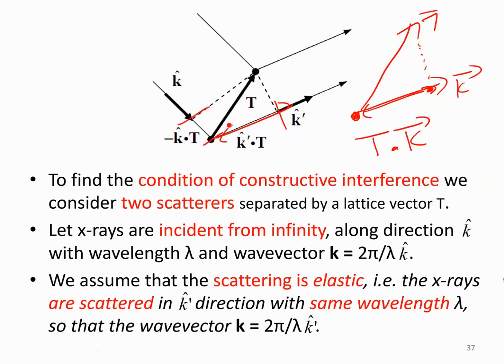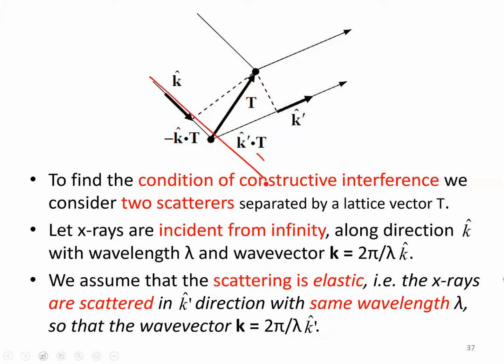And then how about this distance? For this distance, I can use T dot product with negative K. Why negative K? Because K is in this direction, but for this case you want to reverse K into this direction, so this direction will be negative K. Then T dot product with negative K gives you this distance.